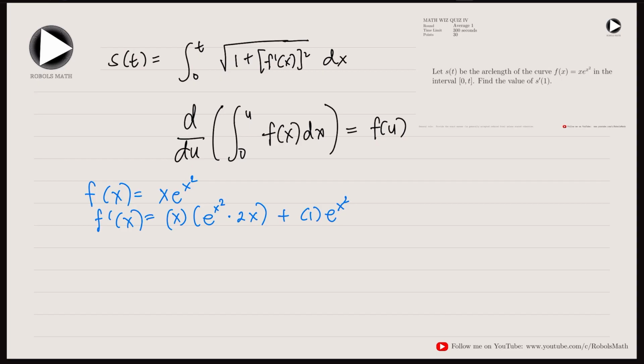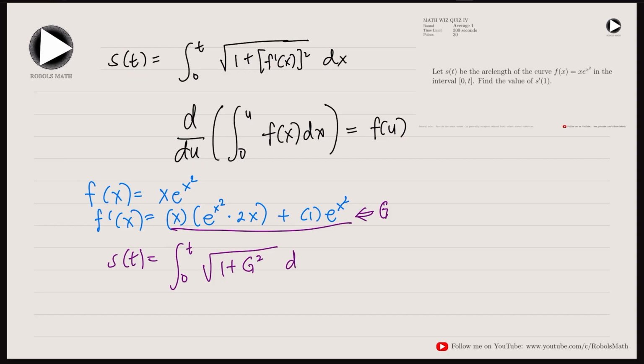So we have here s of t. S of t is equal to the integral from 0 to t of the square root of 1 plus this expression here. Let's just call this g for now. Let's call this g. G squared dx.